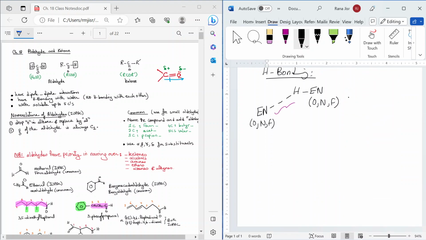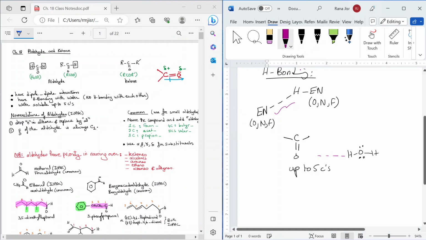On the other hand, if you place a carbonyl of up to 5 carbons next to water, then in this case, you have a hydrogen connected to an electronegative element, and that hydrogen is going to interact with an electronegative element. So carbonyls hydrogen bond with water.